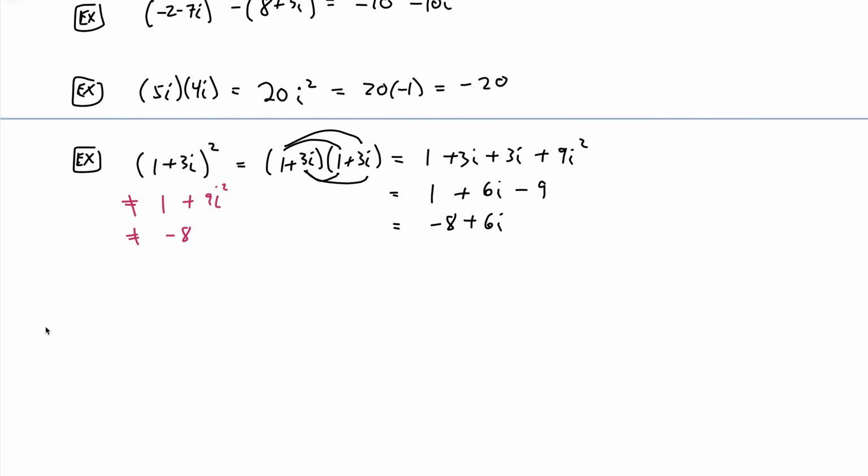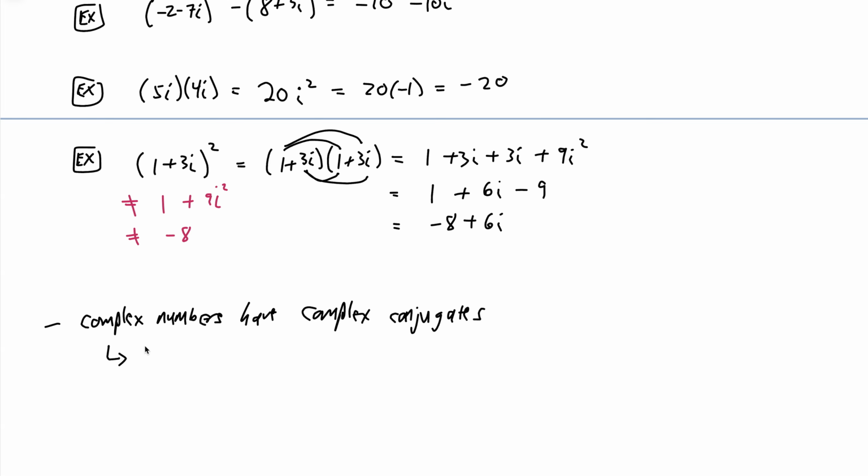Okay. Now, on top of these complex numbers, there is something else that we want to keep in mind, and we want to know that complex numbers have complex conjugates. Okay? So complex numbers have complex conjugates. So what does this mean?